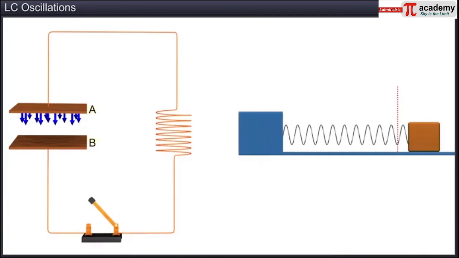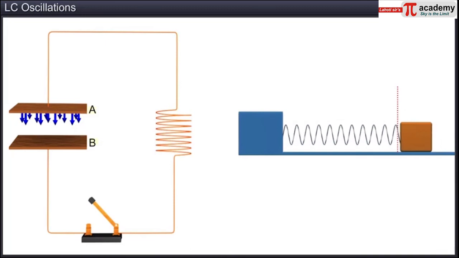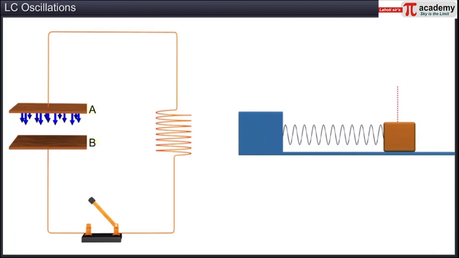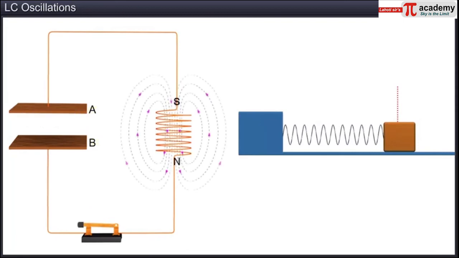We also observe that LC oscillations are very similar to the mechanical oscillations of a body in simple harmonic motion. In the case of a spring, when the spring is initially in an elongated position, all the energy of the system is in the form of potential energy. When the spring is released and it reaches the mean position, this potential energy is converted completely into kinetic energy.